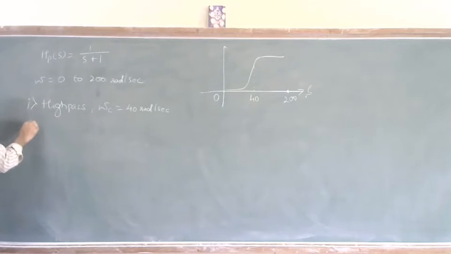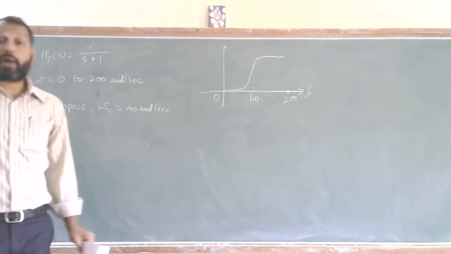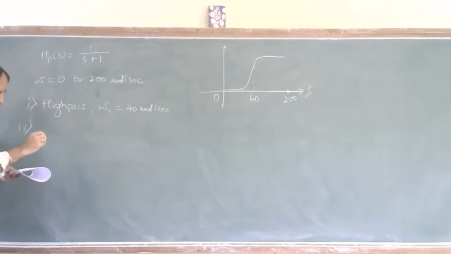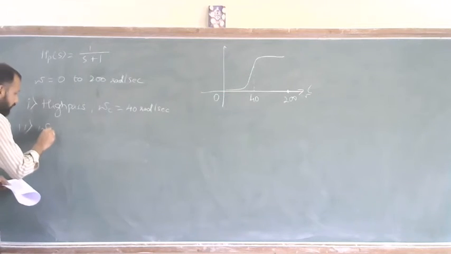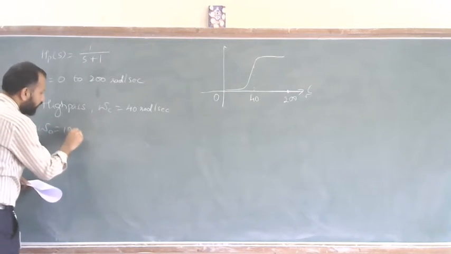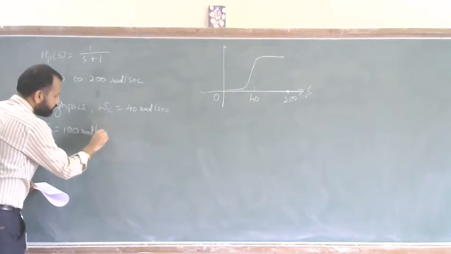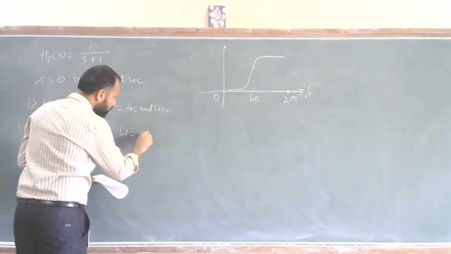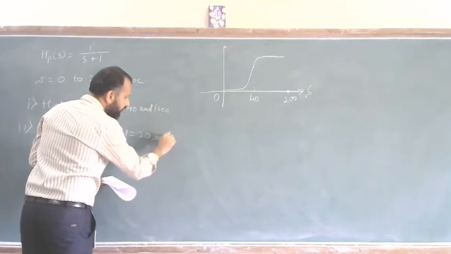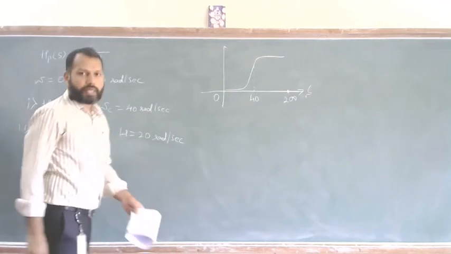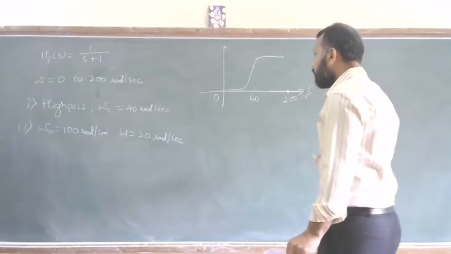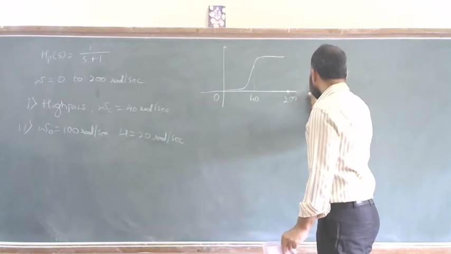The second problem is that we need to obtain a band pass filter with the center frequency, omega naught, given as 100 radians per second, and the pass band width, capital W, as 20 radians per second.